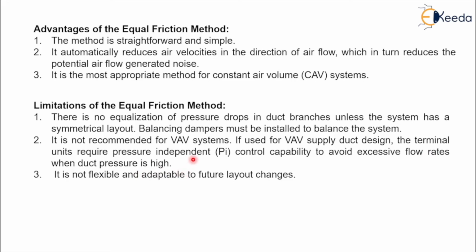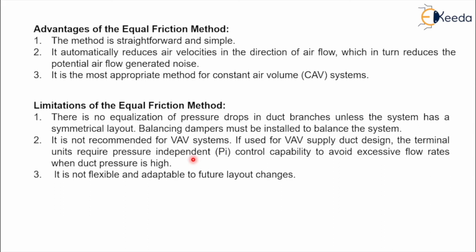So it is not recommended for a VAV system, because in a VAV system dampers are there, and these dampers are controlling the volume air flow rate. Friends, VAV we will study in a future video, in the refrigeration control part.